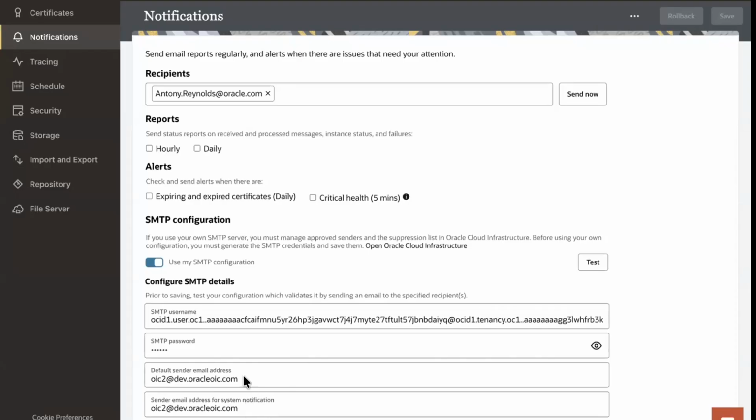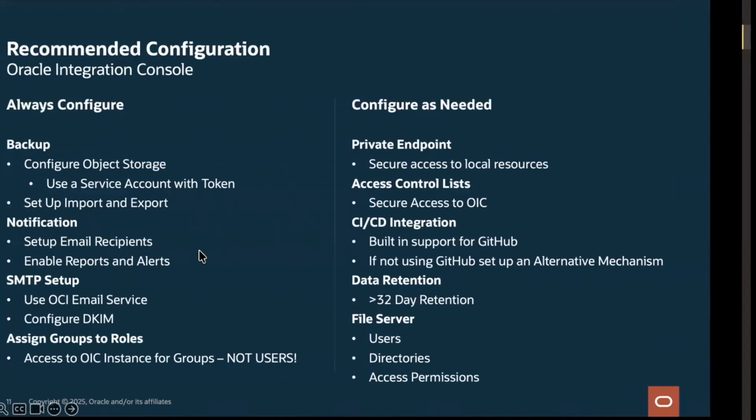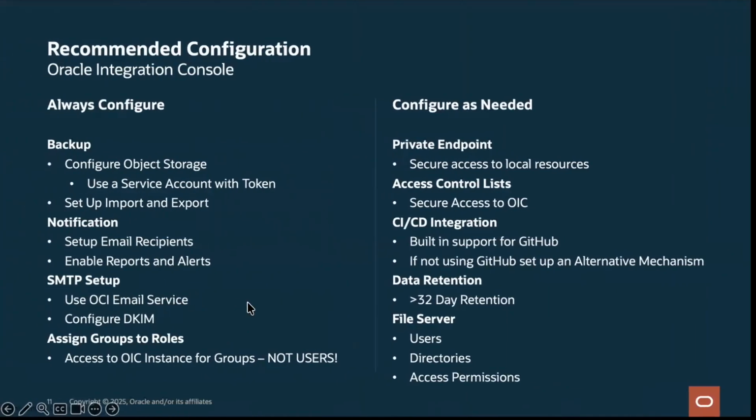And you can have two different ones, one for system notifications and the other for alerts. So this then allows you, you are no longer bound by the limits in OIC on the number of emails that you can send. So that's another good reason why you want to go to the SMTP setup.